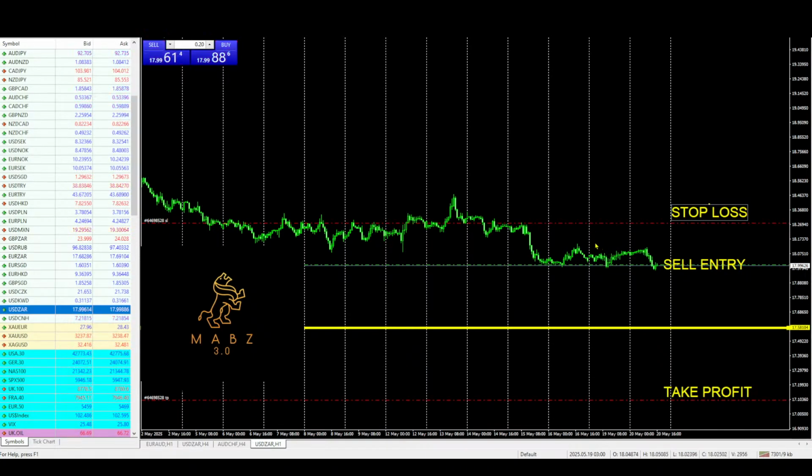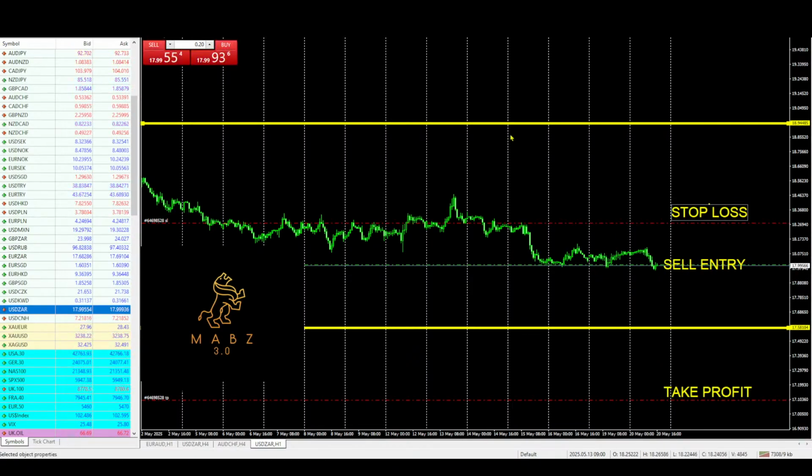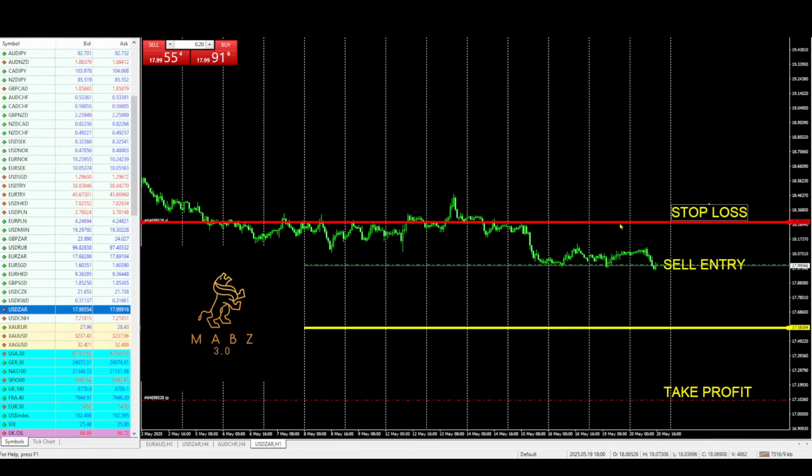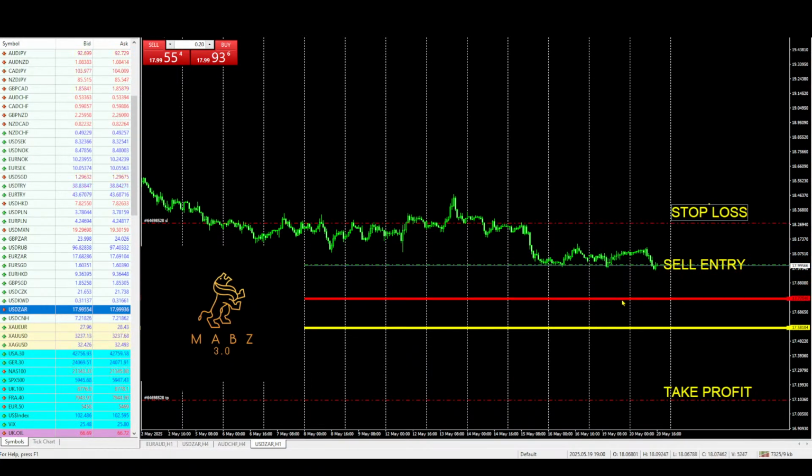What you need to do at that time, in order to secure profits, is change the value of your stop loss so that you can protect the profits that you made. If your stop loss is right there at the red line, you want to shift your stop loss underneath the sell entry.